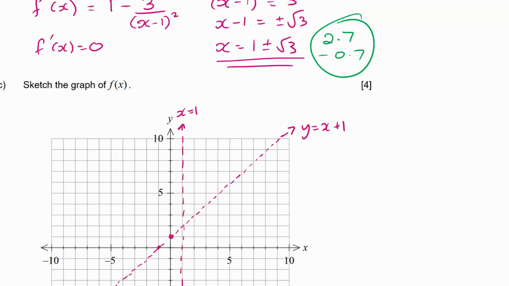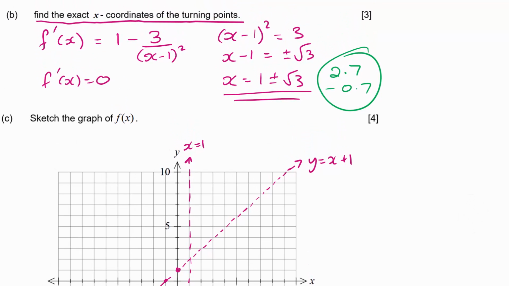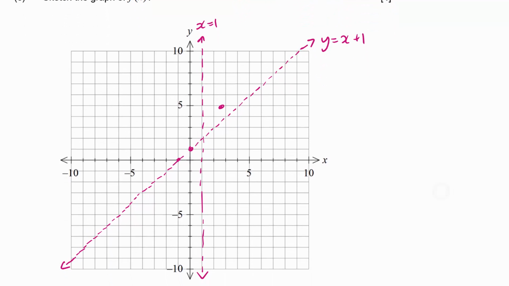Now we know that one of the turning points was at approximately 2.7. So that is going to put it around here somewhere. We don't need to know the exact y value. The other one was at -0.7, so that will put it in here somewhere.